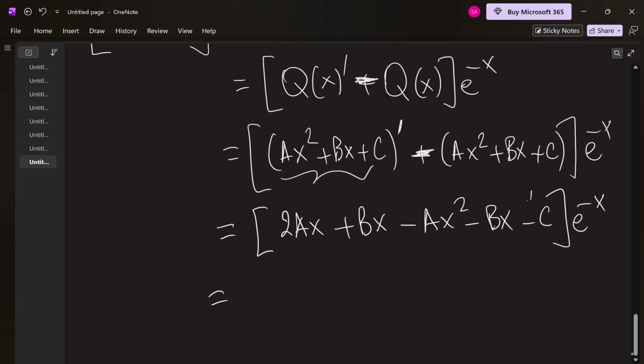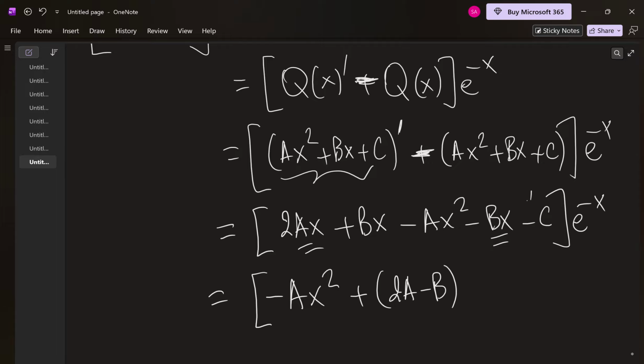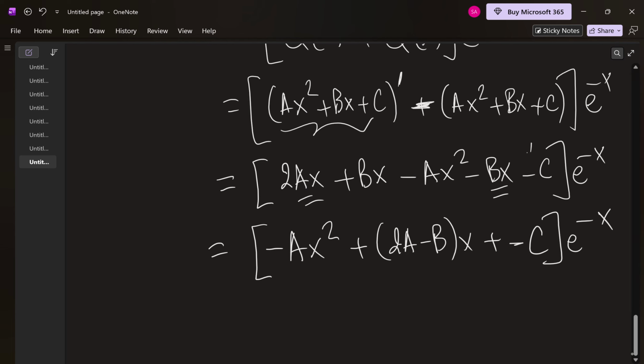Now this is actually equal to minus a x squared plus (2a minus b) times x plus what remains, b minus c, times exponential minus x.